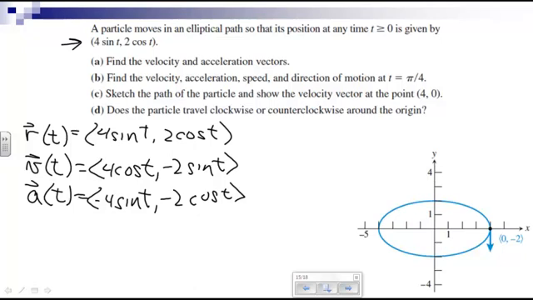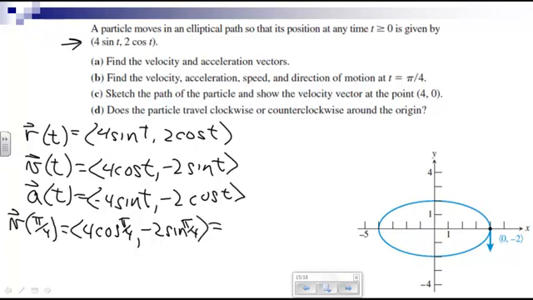Second question. Find the velocity, acceleration, speed, and direction at pi over 4. So, the velocity at pi over 4. We're going to say, what is it at that time? Plug and chug. 4 cosine pi over 4, negative 2 sine of pi over 4.